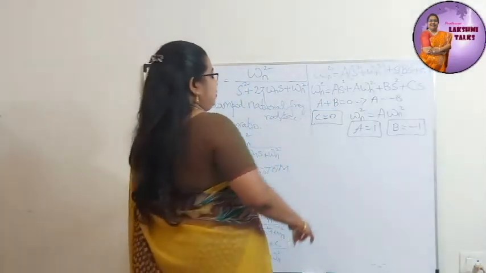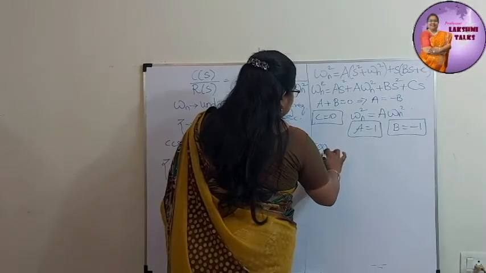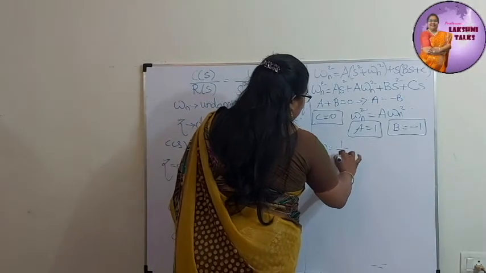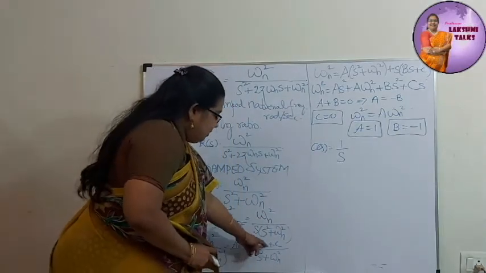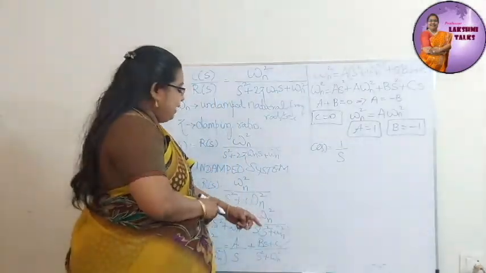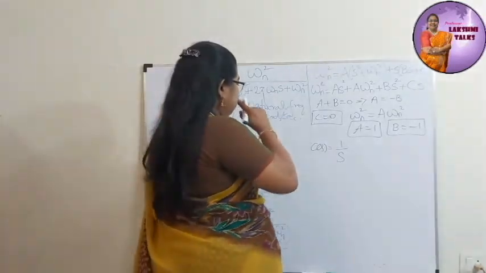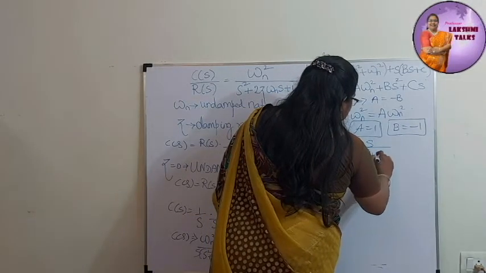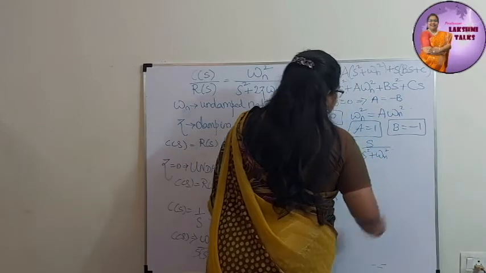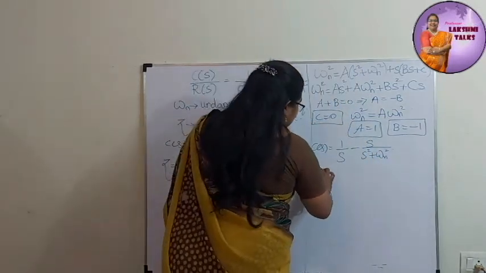Right? So what will be the final expression for C of s? C of s is equal to 1 by s plus B s plus C. B is minus 1 and C is equal to 0. So it is minus s by s square plus omega n square. So what is C of t?